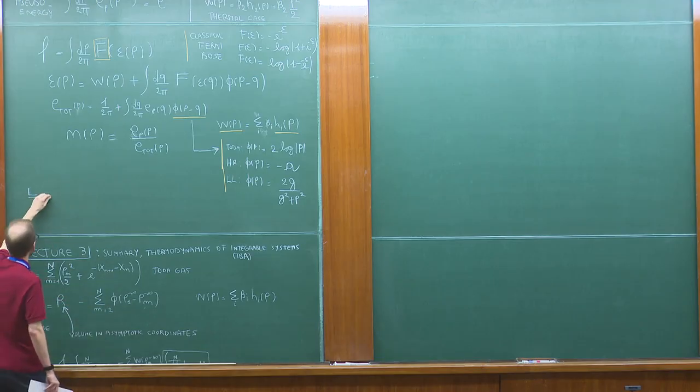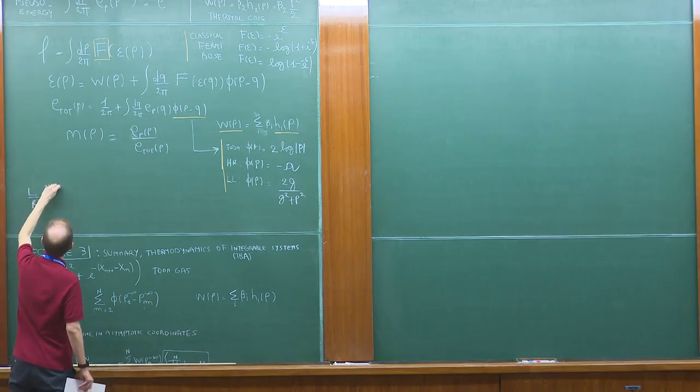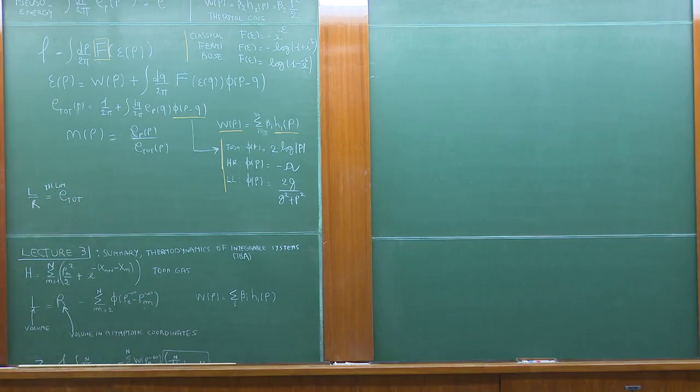So in the thermodynamic limit this becomes equal to rho tot. What is rho tot telling you? It tells you essentially the mismatch between the volume in the original slice and the volume in the asymptotic space. So it's like a metric, because it tells you how the space the particles perceive is modified as a consequence of interactions.